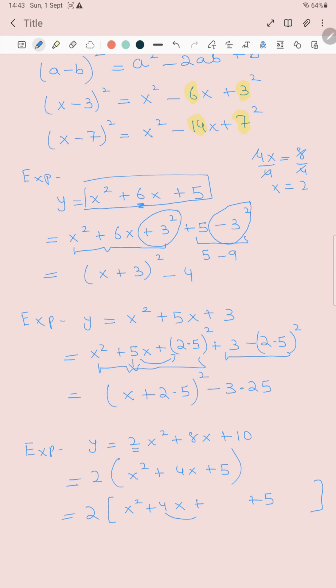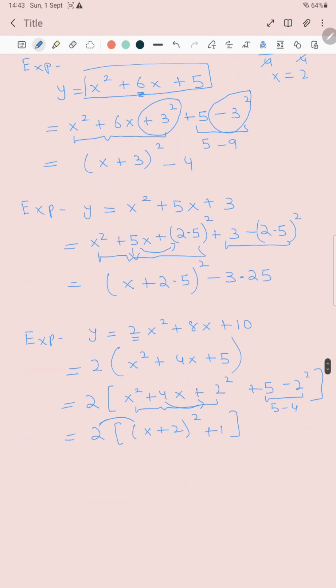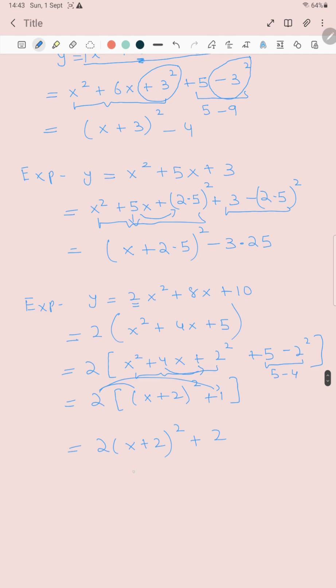What is half of 4? It is 2. So 2 square you have to add and 2 square you have to subtract. Now the first three terms, by the first identity, make the square of x plus 2 whole square, and when you solve the rest, 5 minus 4, you will get 1. Now you multiply 2 with this and with this, so you will get 2 times x plus 2 whole square plus 2. So this is your final answer.